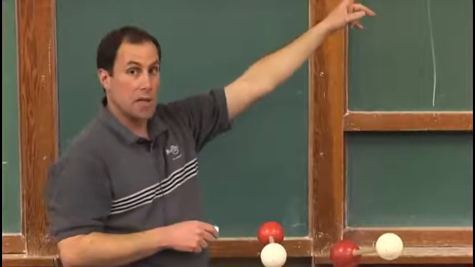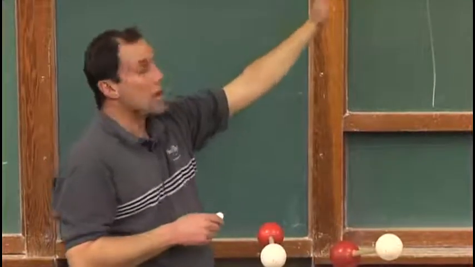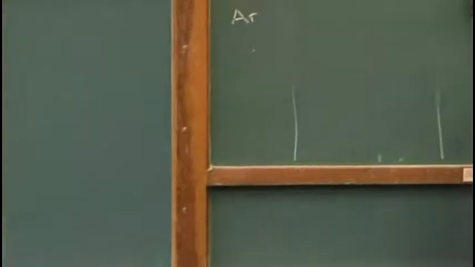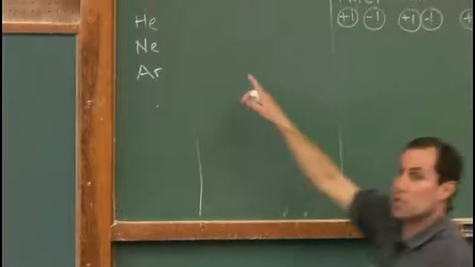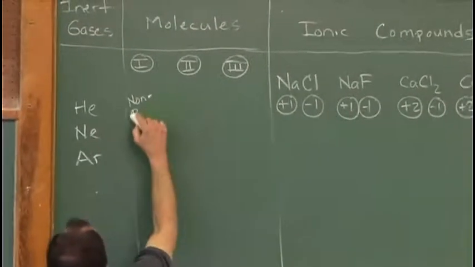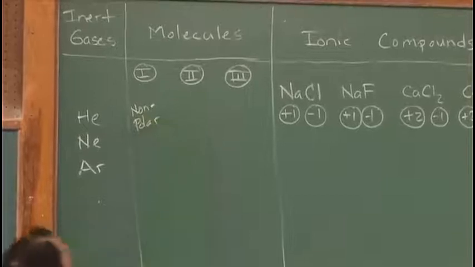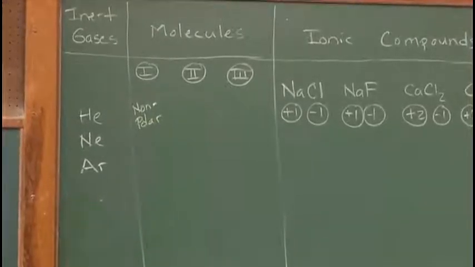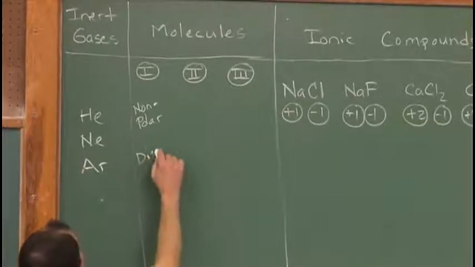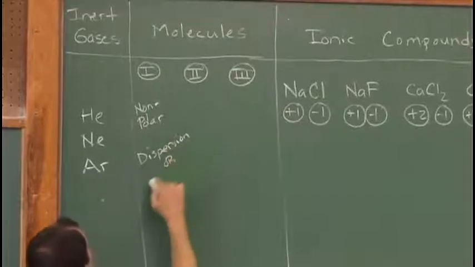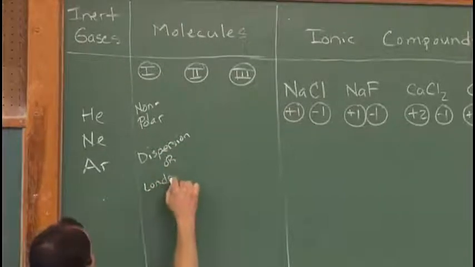Molecules, remembering that these are non-metals, fall into 3 different categories to separate low melting points from high melting points. Type 1 are going to be your non-polar. These non-polar molecules, just like the inert gases, have very little attraction between them. We call them dispersion or London forces.